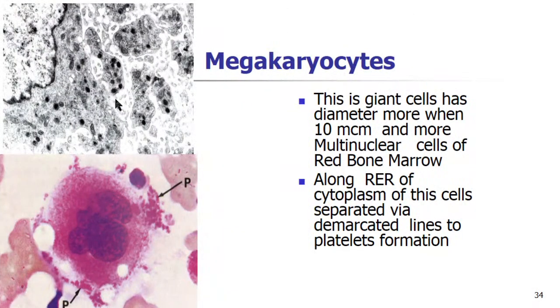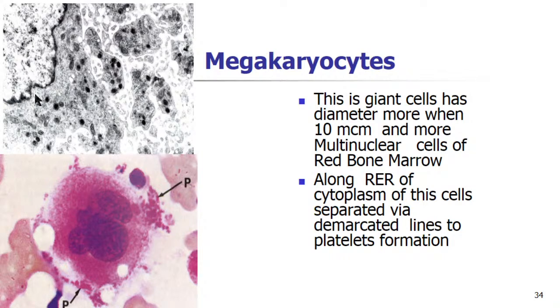Megakaryocytes. These are giant cells which never migrate from the red bone marrow because they produce the platelets. Look at this one. We see megakaryocytes with many nuclei, a lot of nuclei, multinucleated cells, and the components of cytoplasm separated as platelets.